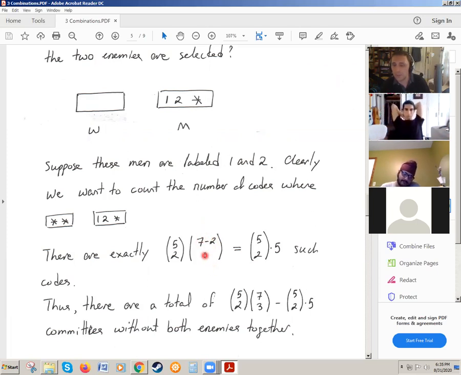I need to pick one number. 7 minus 2 is 5, and I choose 1. 5 choose 1 is 5. So it's 5 choose 2 times 5 that I have here. Okay? And so the total number of documents minus this many documents that I throw out is the desired number of committees. You understand how I did it?